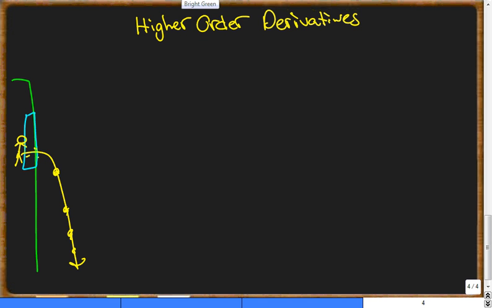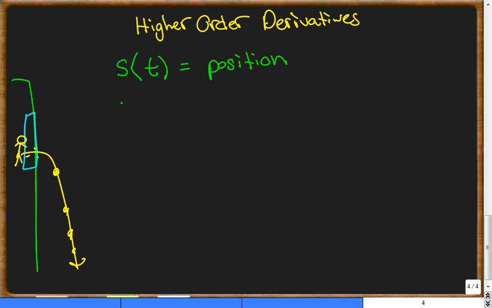And so our position function is normally written like this: s of t. Why they use s, I don't know, but they do. So this is our position function. It tells me that at a particular time, I'm at a particular position s.